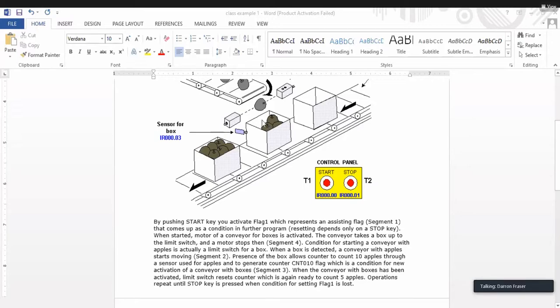All right. So now, what we usually have is what is called a state diagram.